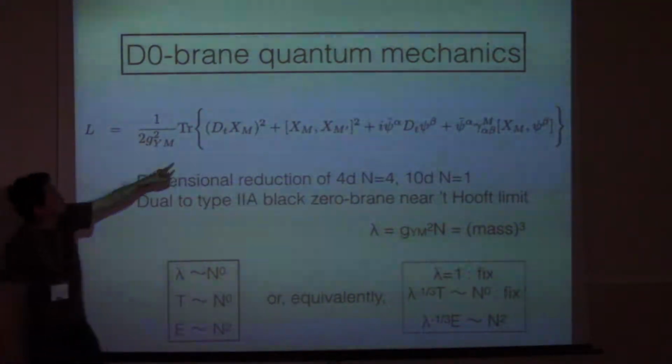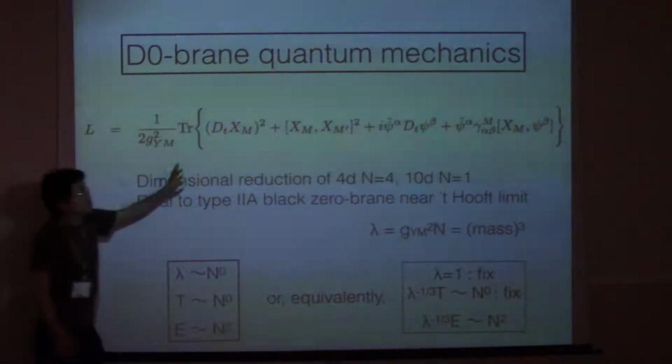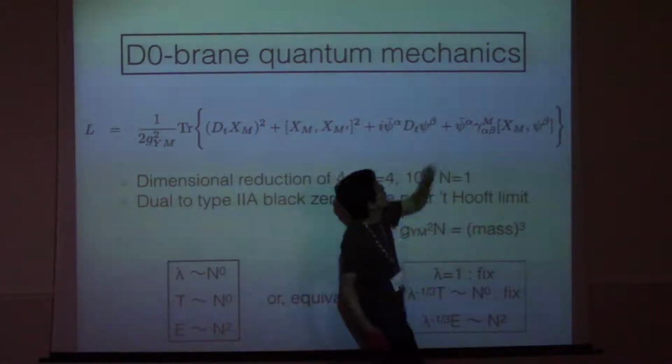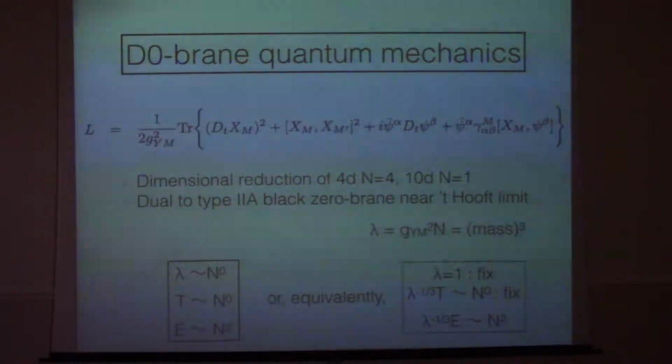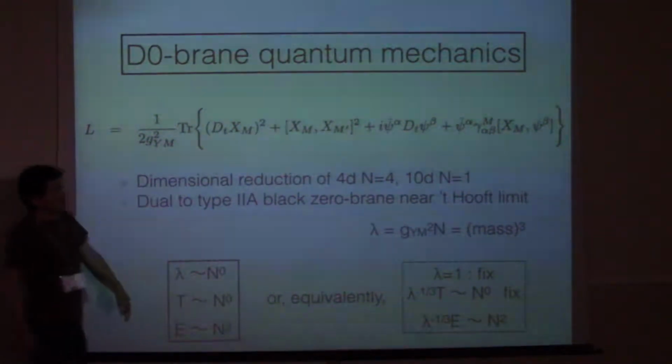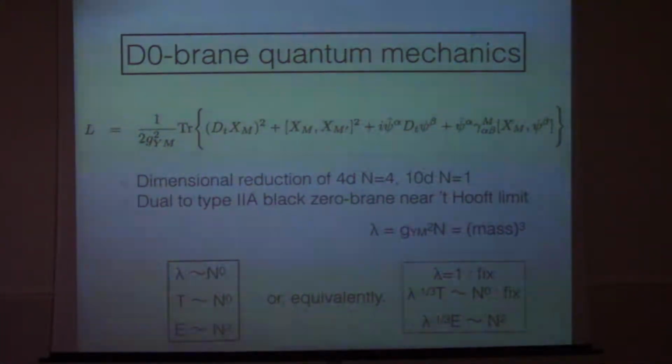There are 9 bosonic matrices, X1 to X9, and 16 Grassmann odd fields, and both are N by N matrices. And in the 't Hooft limit, this theory is conjectured to be dual to the type IIA black zero-brane.